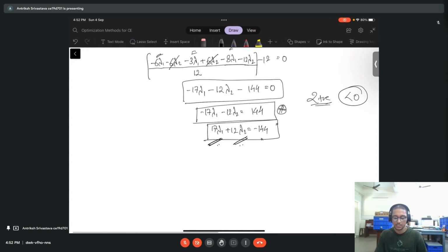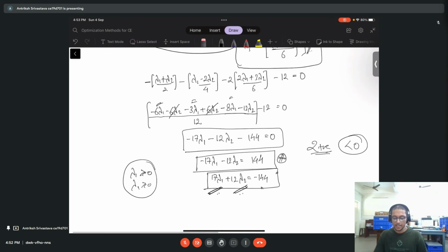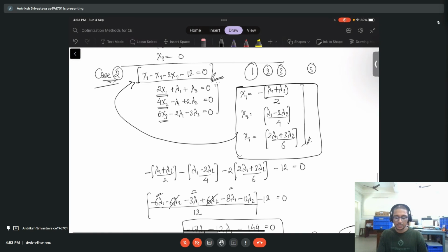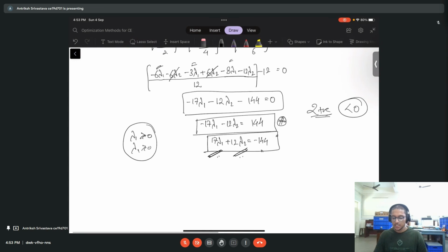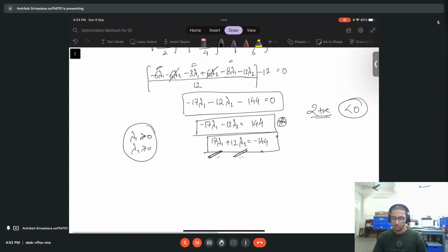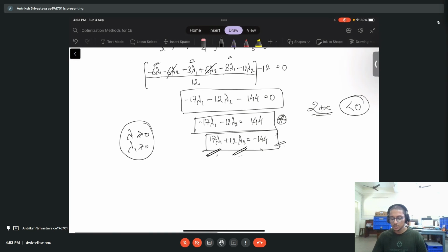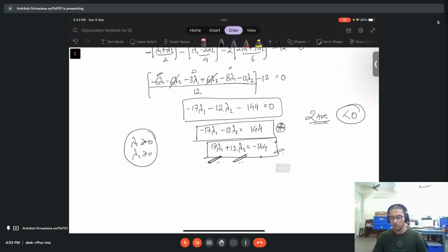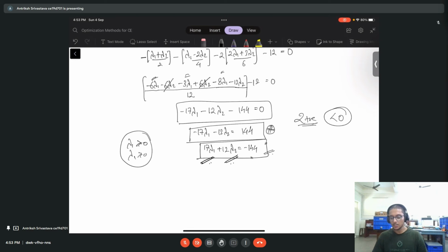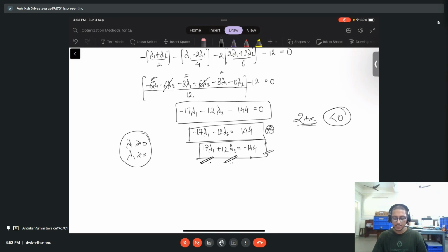So we have set our constraints that lambda 1 is greater than 0 and lambda 2 is greater than 0, and in this particular case, where we assumed that this constraint is 0, it is giving us lambda 1 plus lambda 2, with some positive multiplication, that is actually negative. That means if we solve this equation, one of the lambdas will be less than 0.